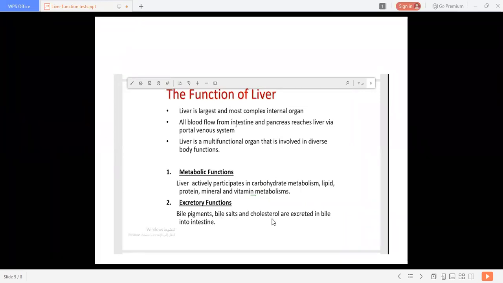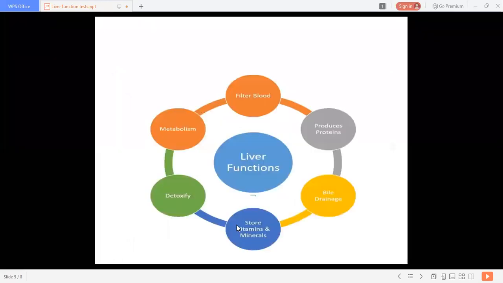All this gets excreted in the bile duct, and later on it gets excreted into the intestine. So we have to evaluate whether the metabolic functions are normal or abnormal, and whether the excretory function is normal or abnormal.